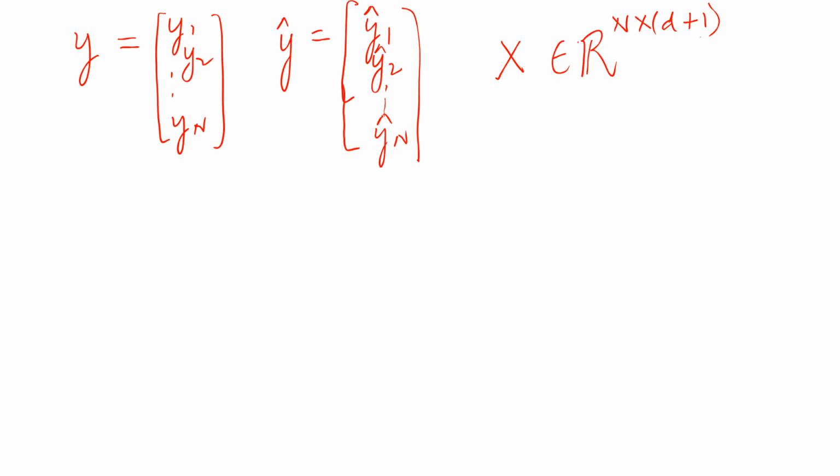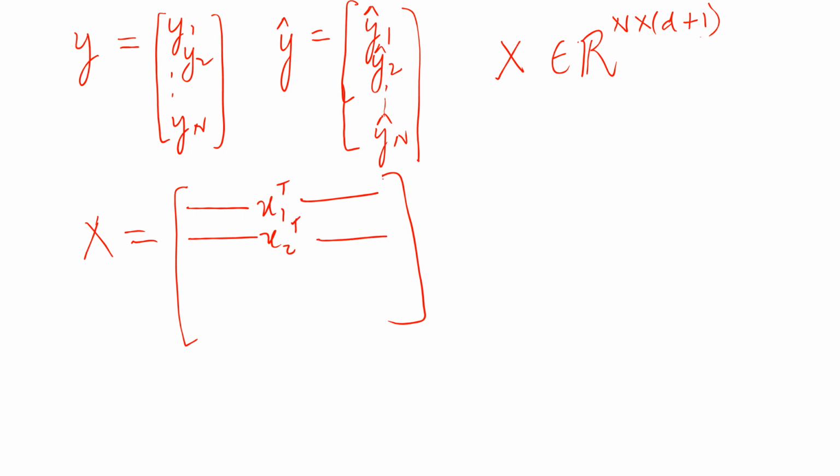This matrix has that one included in defining every x, so it already includes the augmented input vectors. The way we write it in linear algebra is x1 transpose, x2 transpose, and so on up to xn transpose. This is in the form of rows because my data will be in the form of rows.